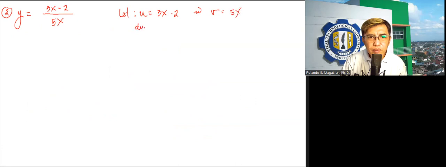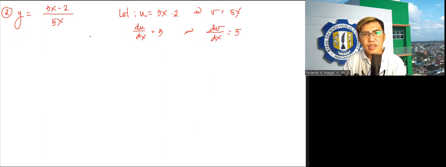So the derivative of u in terms of x is 3 and the derivative of v in terms of x is 5. Dapat kabisado niyo kung paano kumuha ng derivative ha. Simple-simple lang yan. Balikan niyo na lang yung technique.